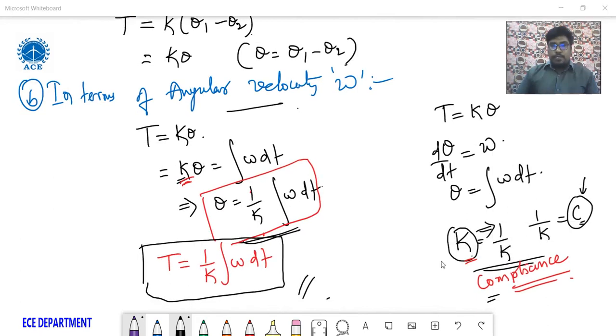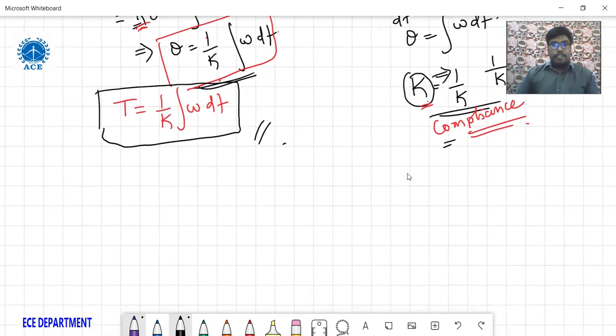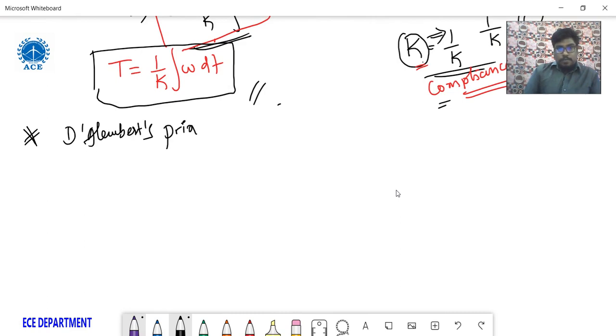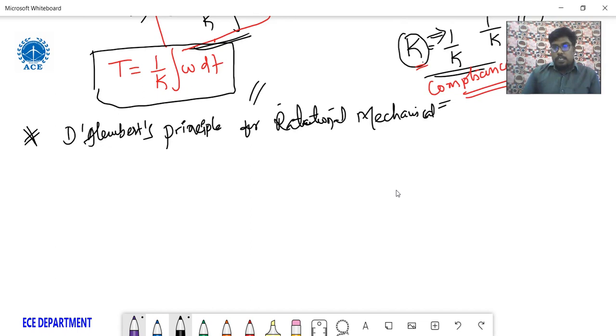Next we will see D'Alembert's principle for rotational mechanical systems.